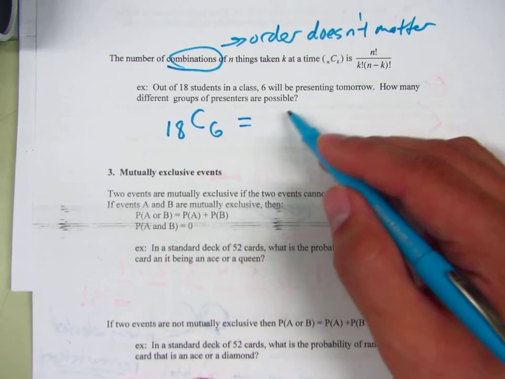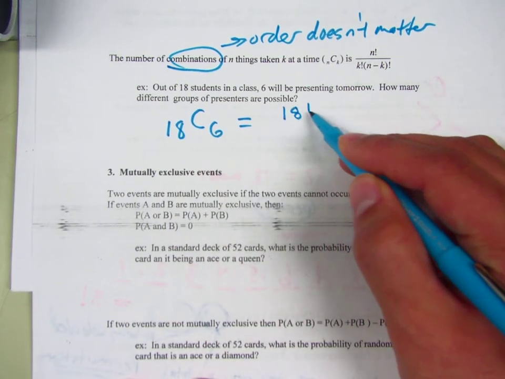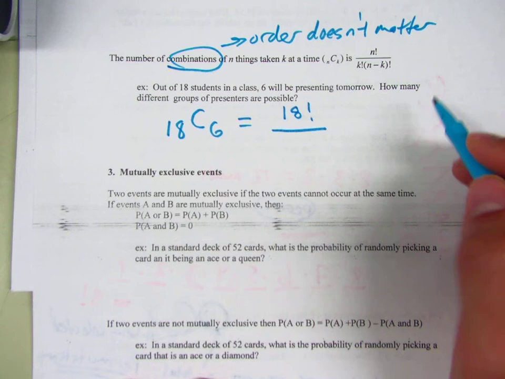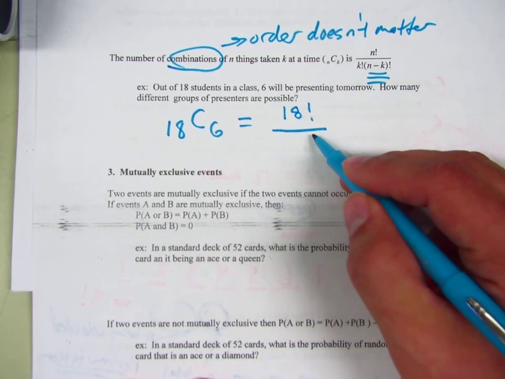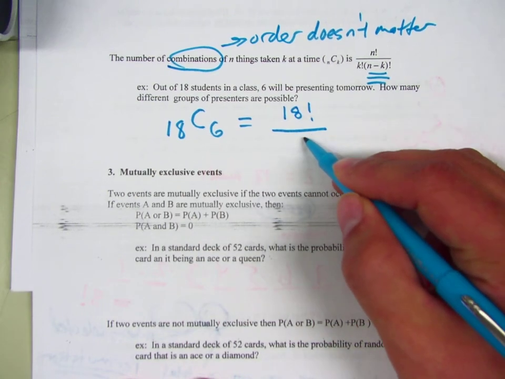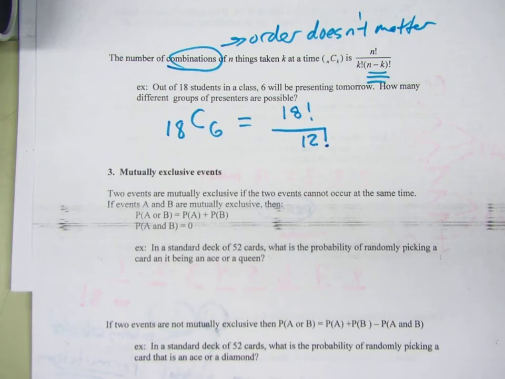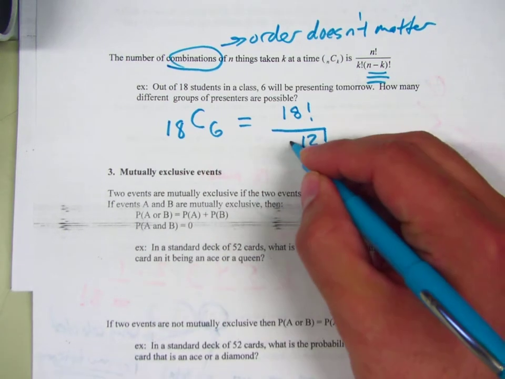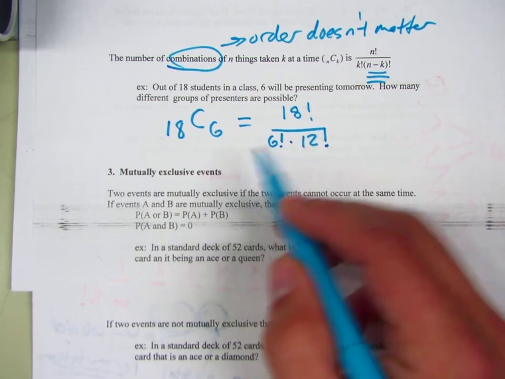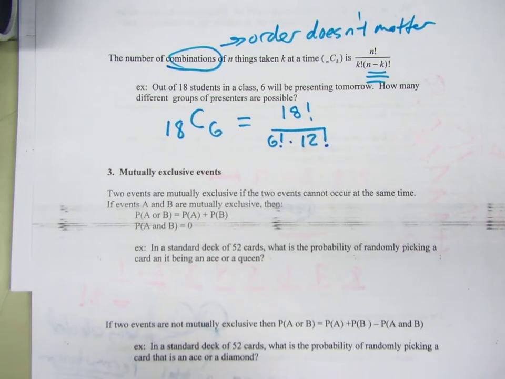The way you would fill it in is just like the permutations. You have 18 factorial. You still have this n minus k, so that's where the 12 factorial comes from. But because the order doesn't matter, we have to divide by this extra 6 factorial that accounts for all the extra counting.